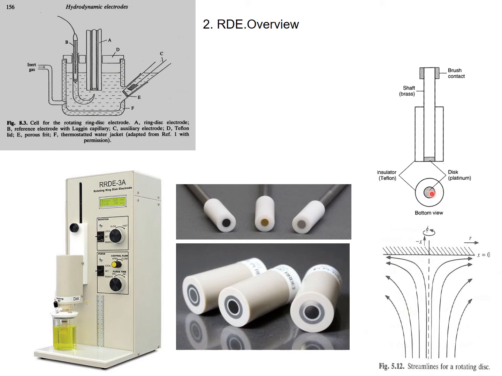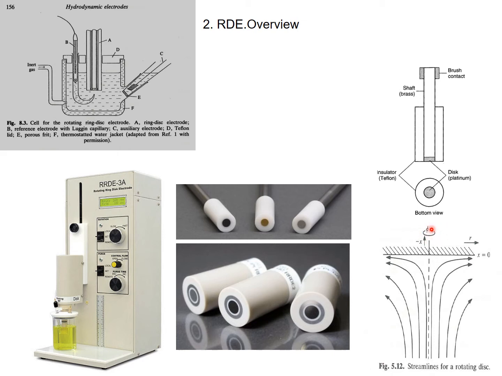Then what happens inside of the electrolyte? We will develop some velocity profiles. Okay, this is the electrode and this is the electrode surface. Right now this electrode is rotating in this direction. What happens?